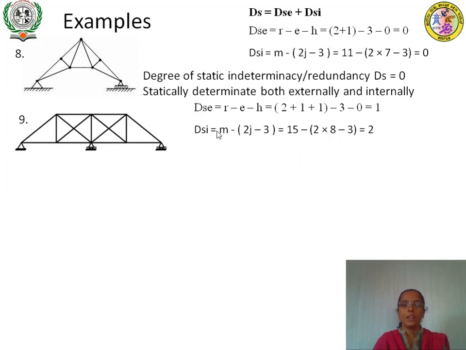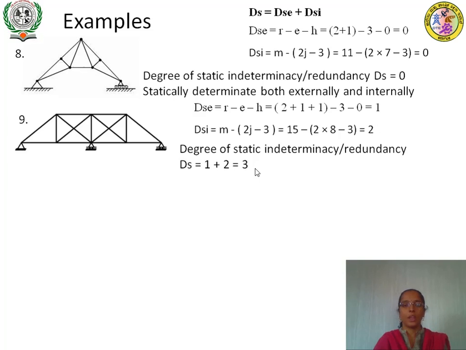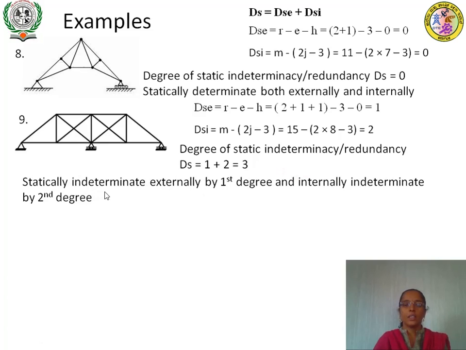And 8 joints are there. 15 minus 2 into 8 minus 3, which gives a value of 2. So therefore degree of redundancy is equal to 1 plus 2 is equal to 3. It is indeterminate to third degree. We can write it as indeterminate externally by first degree and internally by second degree, or you can write it as indeterminate by third degree total. Therefore it's a stable structure. This is also a stable structure.